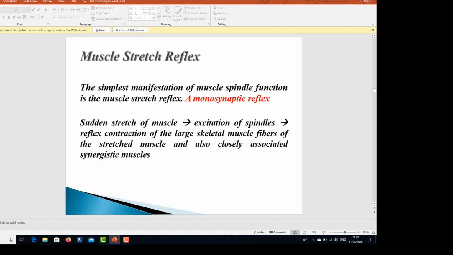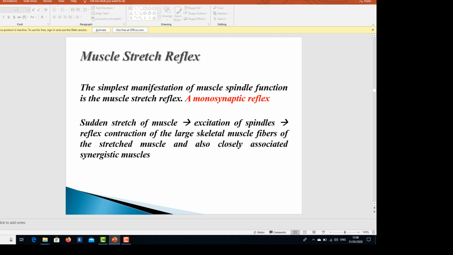Muscle stretch reflex. The simplest manifestation of muscle spindle function is the muscle stretch reflex. Now, muscle stretch reflex is a beautiful example of a monosynaptic reflex. Muscle stretch reflex is frequently asked in exams.